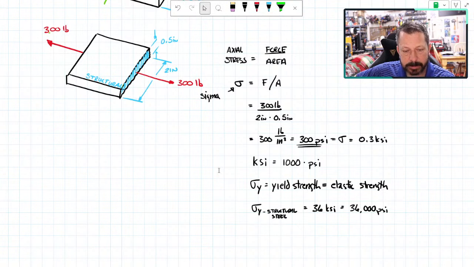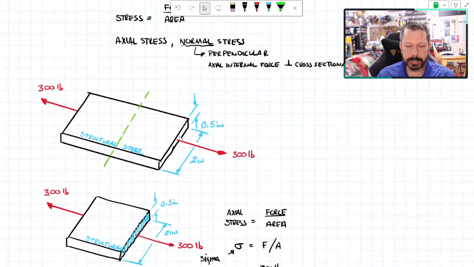What we have done here is we have created what's called a factor of safety, and you will normally want that. You'll want a factor of safety applied to your design, because it could be that you design this little block for this exact use case where it's got 300 pounds here, 300 pounds here, but when somebody puts it into service, there's some other forces on it, or maybe the force is higher than 300 pounds, or maybe there's a force that's causing it to bend, or it's doing something that you didn't actually design for.